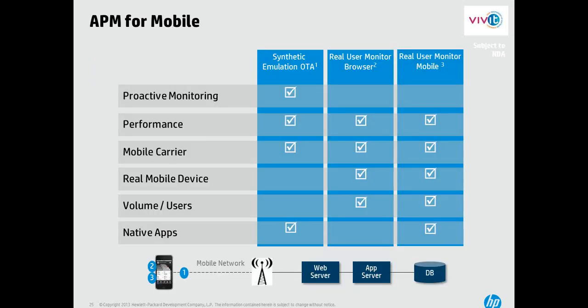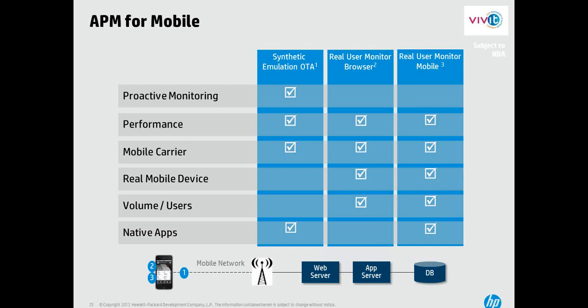Now, if you look at the key values that our application performance management for mobile brings up, it provides three key capabilities that I talked about. The synthetic monitoring, using emulation of devices over the air, which would mean that we would understand proactively how the application is behaving.